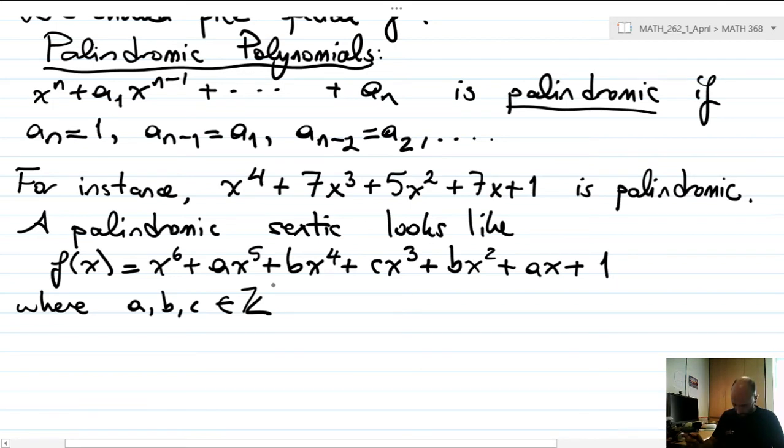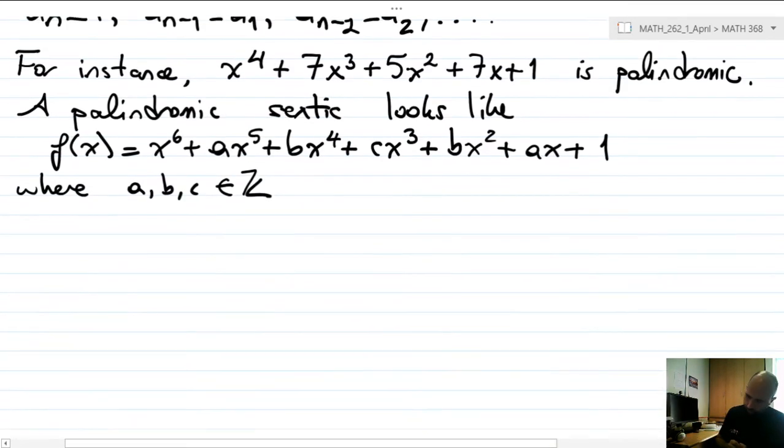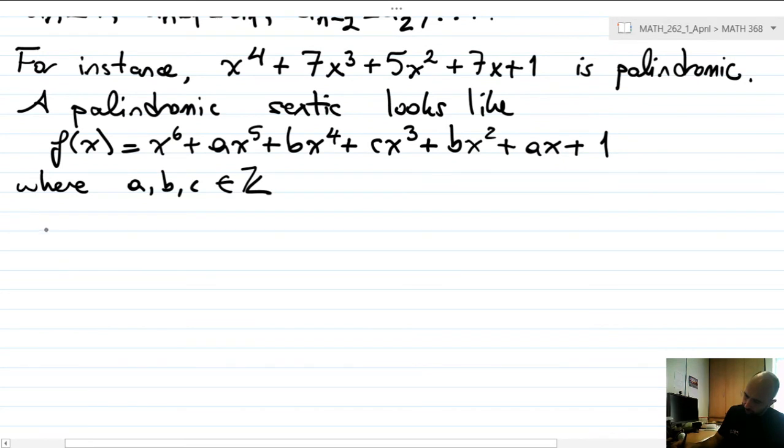Well, first of all, do we have any reason to believe that it's not going to be the full symmetric group? I mean, is this really non-generic in that sense? Okay, so let's prove some simple lemma about such polynomials. Okay, say f is palindromic.